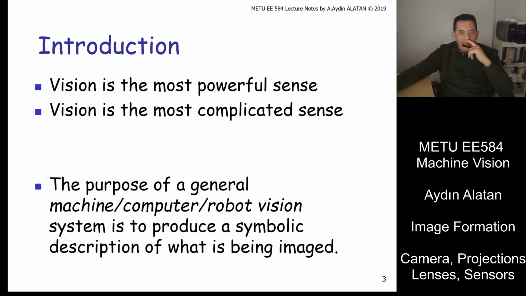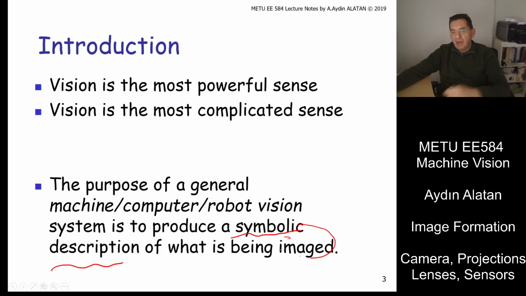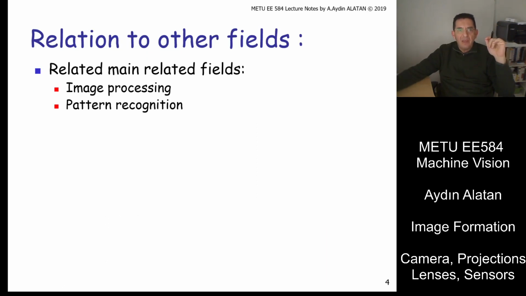By the way, we are trying to obtain a symbolic description from the images. For example, we are not talking about audio in this course. We are not talking about anything else. This course is about images. Therefore, we will talk about images and we will obtain descriptions. This is not image processing. Image processing is somewhat different.